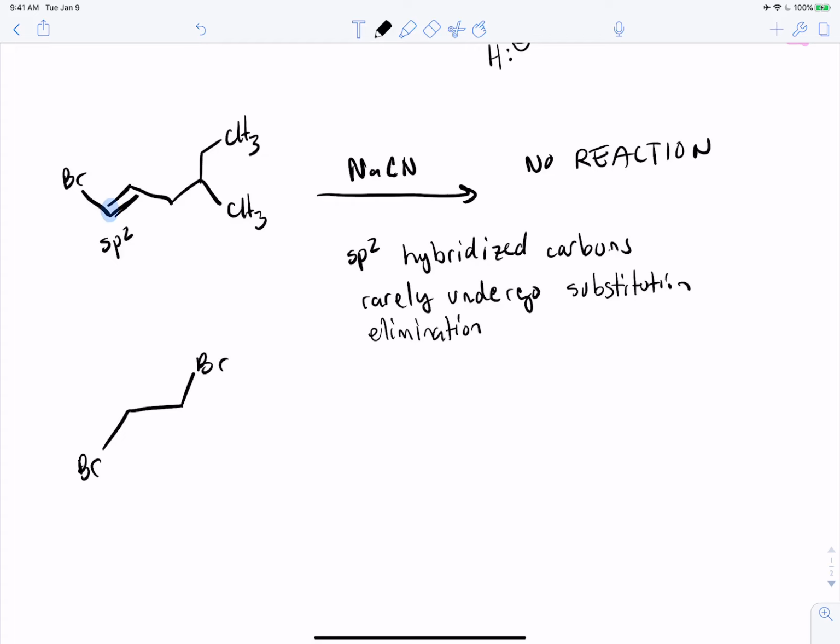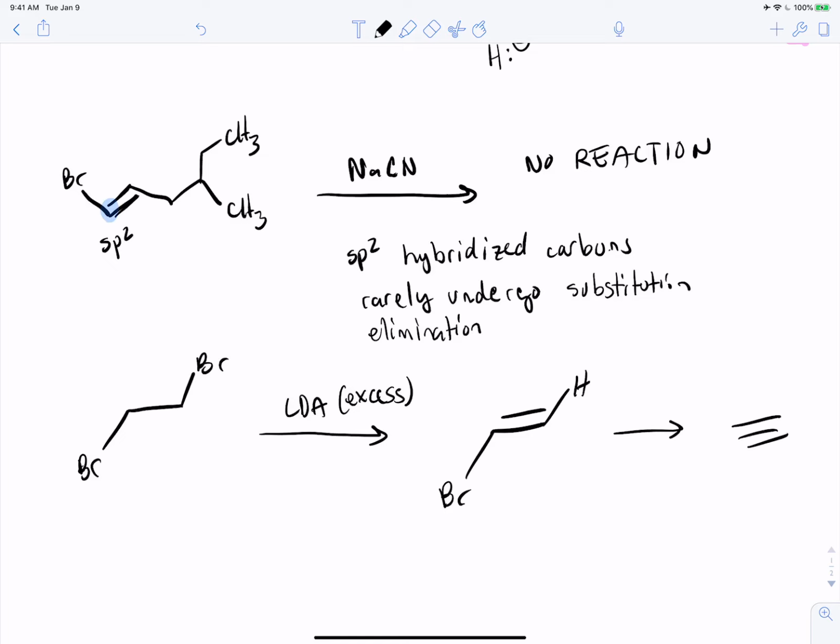So if you have something like this, and you want to make it into an alkyne, remember you do LDA, and you use an excess of it. What's happening there is you're getting an elimination in the first step, and then LDA is such a strong base that you can actually undergo elimination in a second step here.